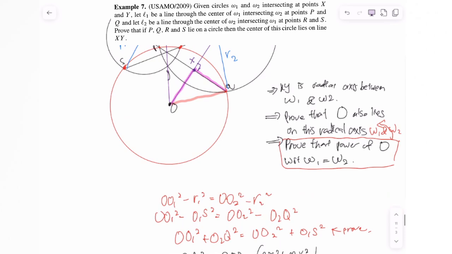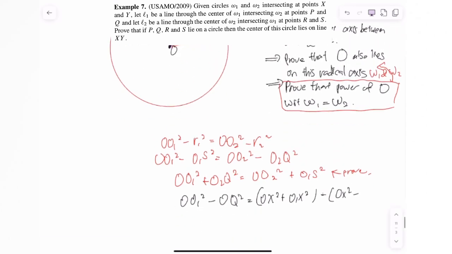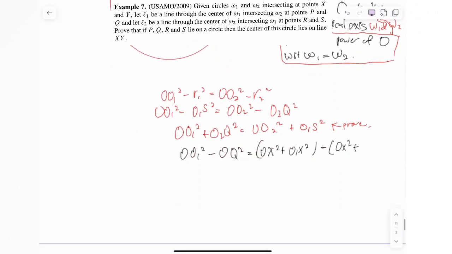Okay, so it's OX squared plus XQ squared.